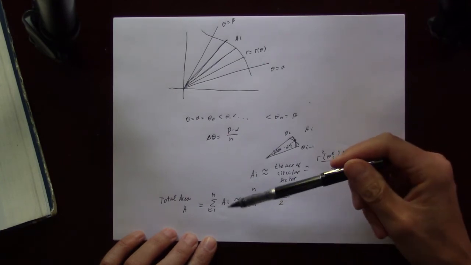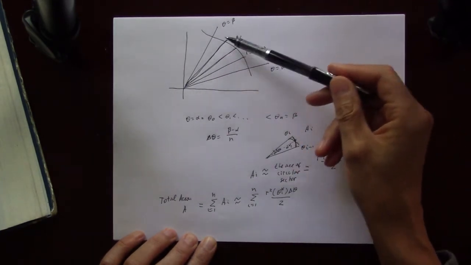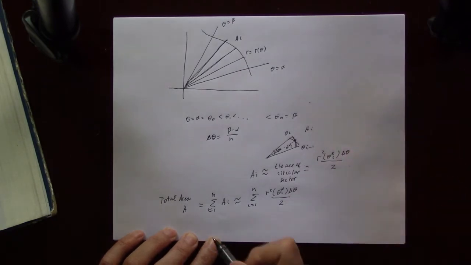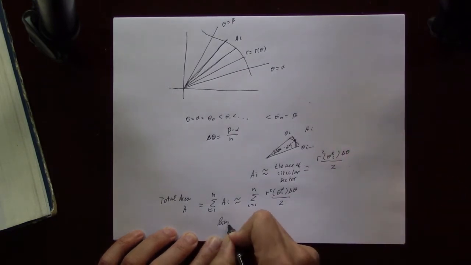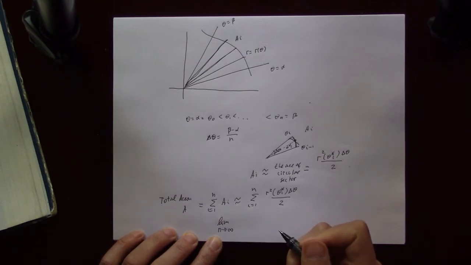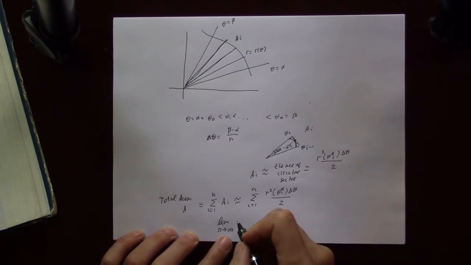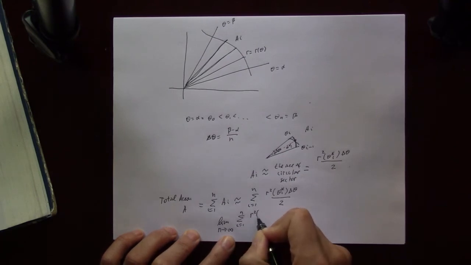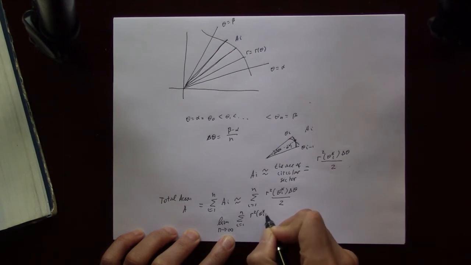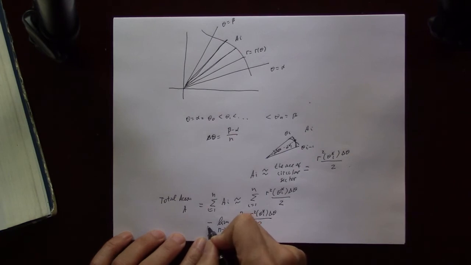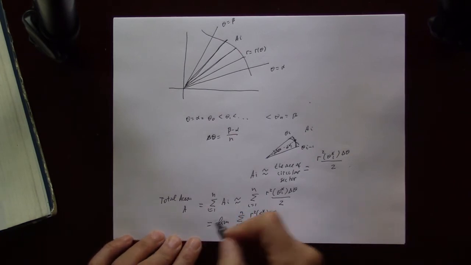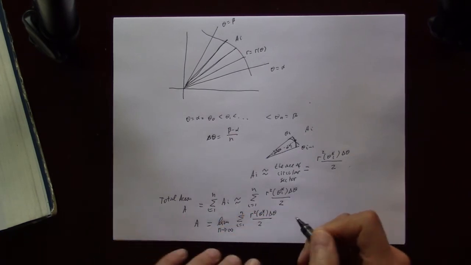To get a better approximation, we take n to be approaching infinity, or delta theta approaching 0. So we take the limit as n approaches infinity of our approximation. And at the limit stage, we're going to get the area we are looking for.